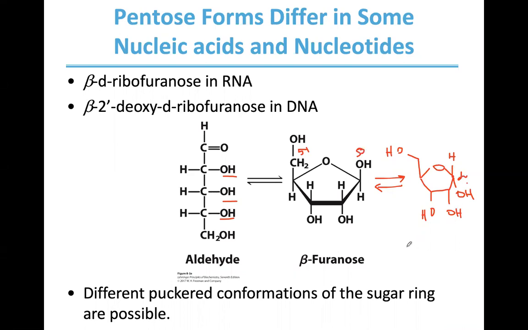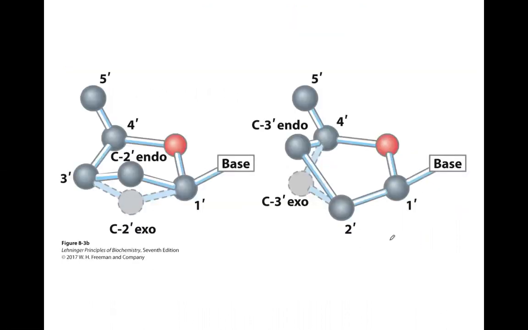Now, also one other thing to keep in mind is that we draw these so they look like planar, right? So if you look at the structure, it looks like, oh, okay, it's a 5-member ring and it's planar. But we know that the 5-member rings are not totally planar. They're actually puckered.